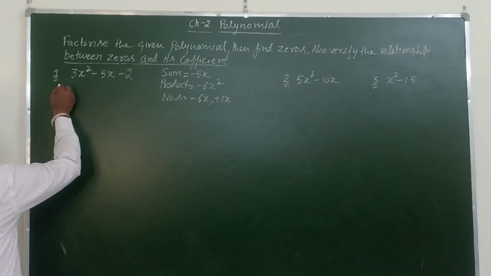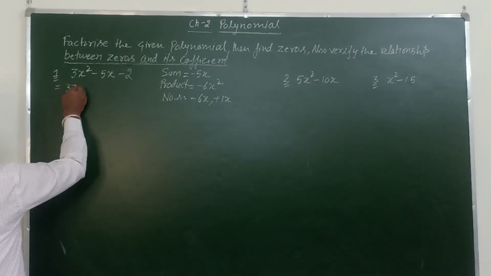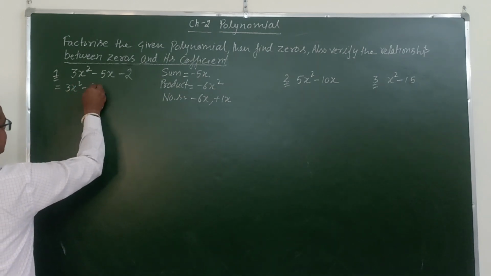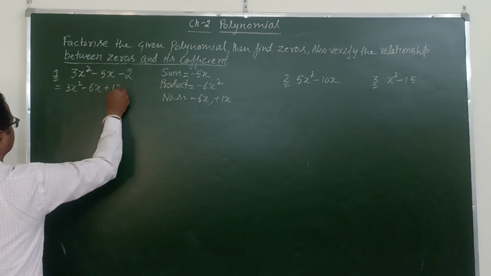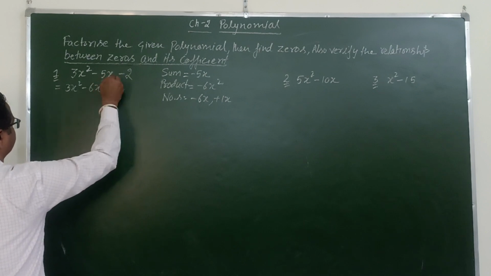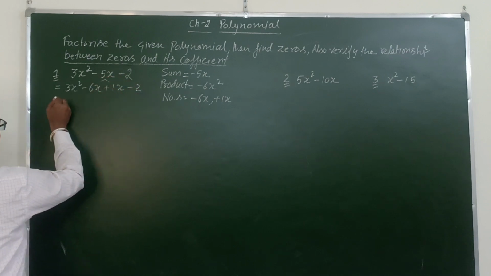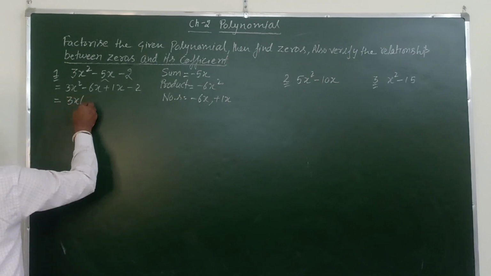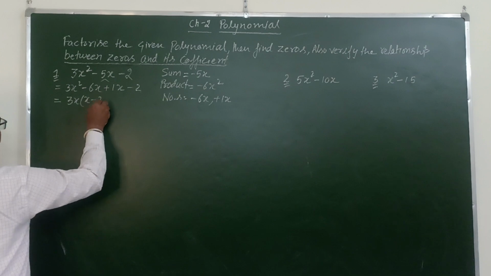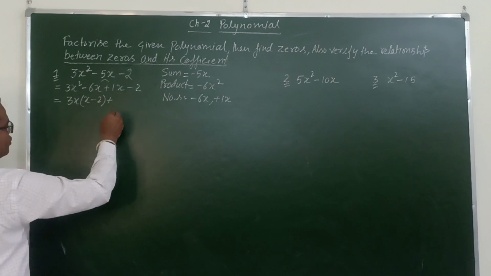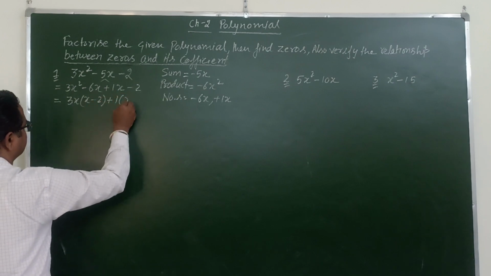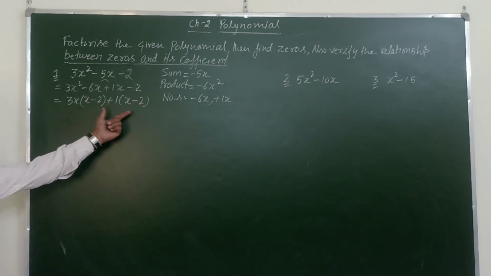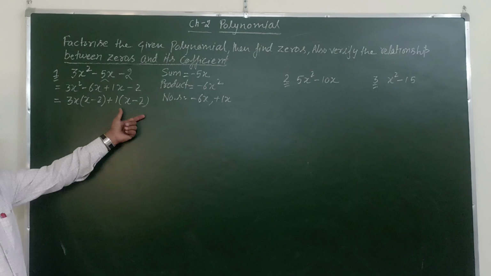Now split the middle term. In place of 3x square minus 5x, we will write minus 6x plus 1x. So I splitted the middle term. Now in the first two terms 3x is common, x minus 2. In the last two terms 1 is common, x minus 2. Whenever we do middle term splitting, the terms in the brackets will be the same.